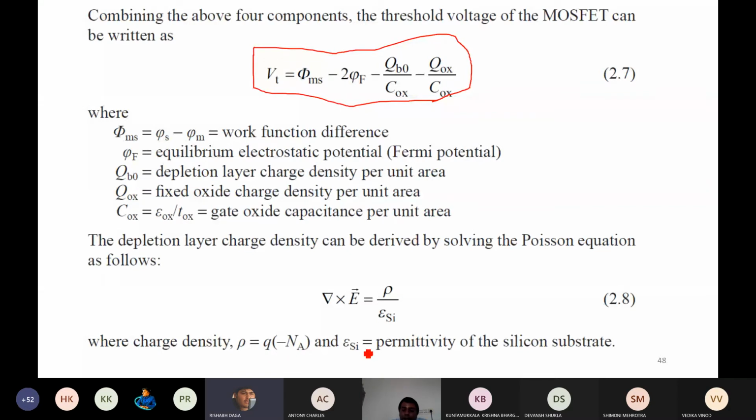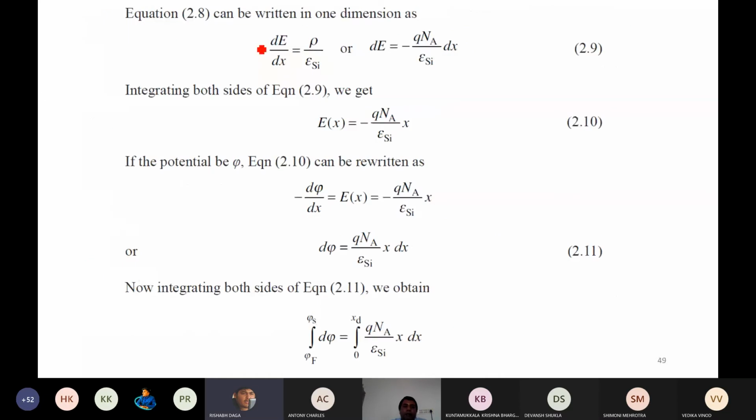Epsilon Si is the permittivity of silicon. If all these are substituted, we can also write the previous term in one dimension: dE by dx must be equal to rho by epsilon Si, and further we adjust it so that dE equals minus q NA by epsilon Si into dx, and since we are calculating in one dimension, we can integrate over some variable.